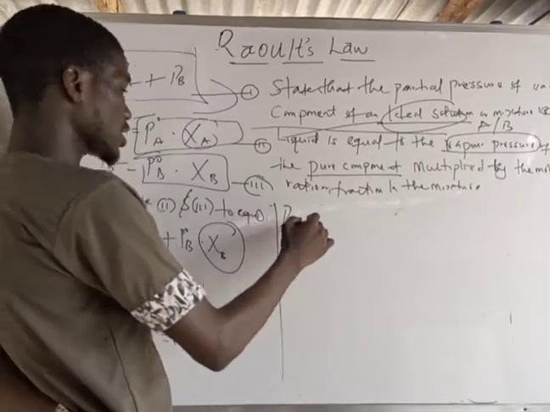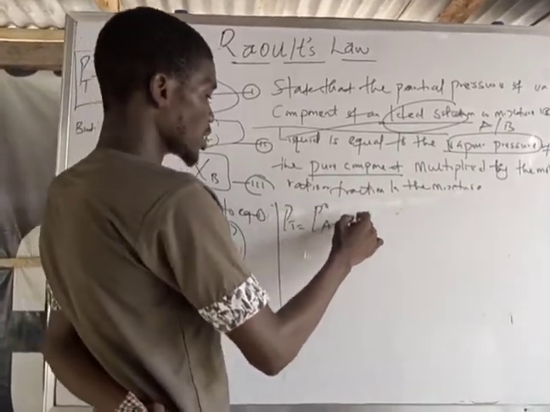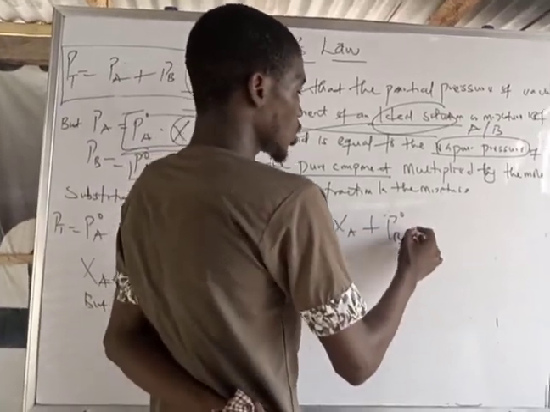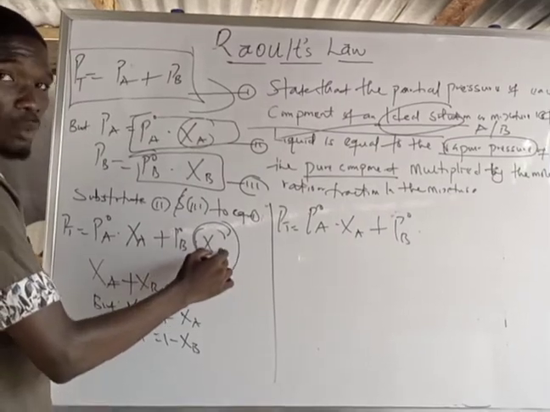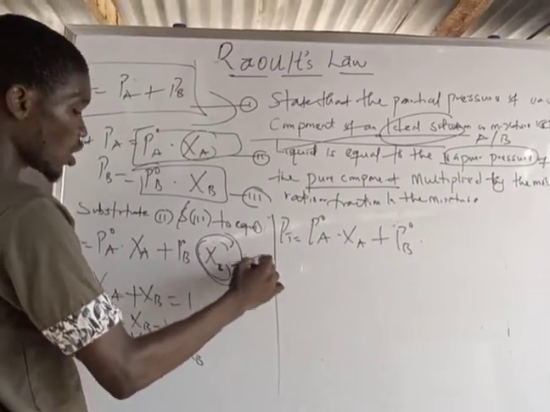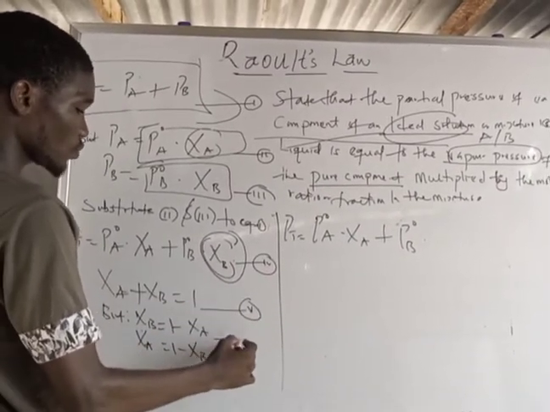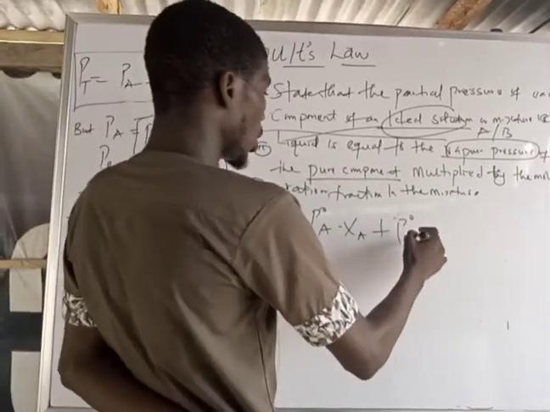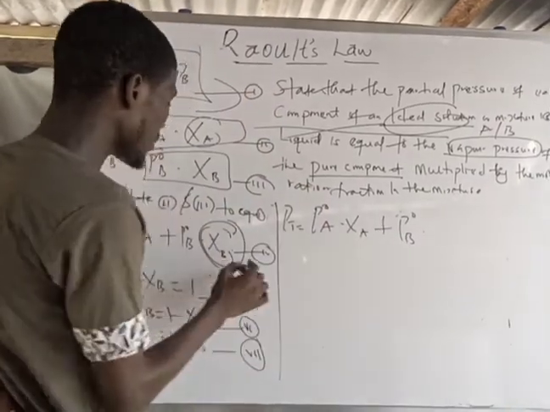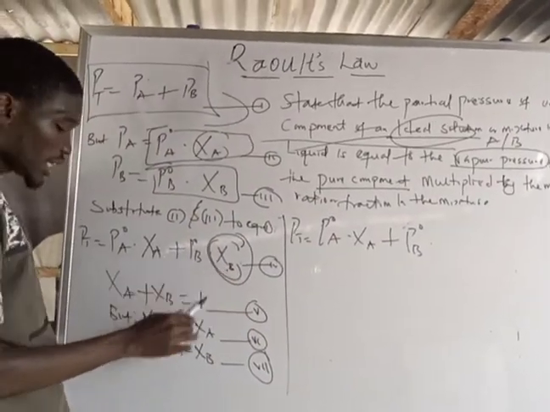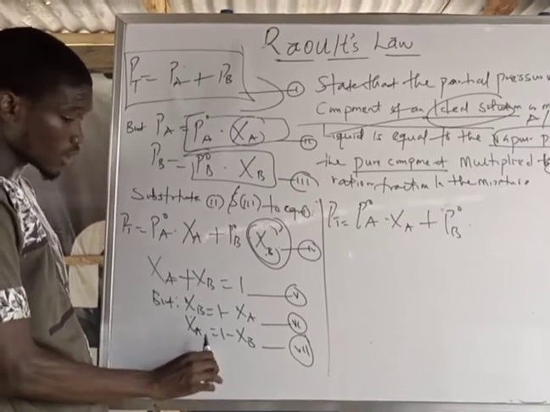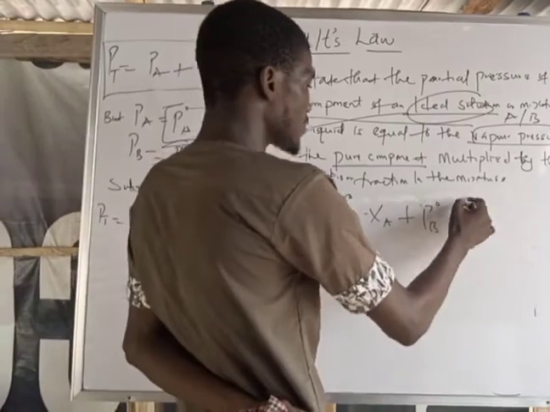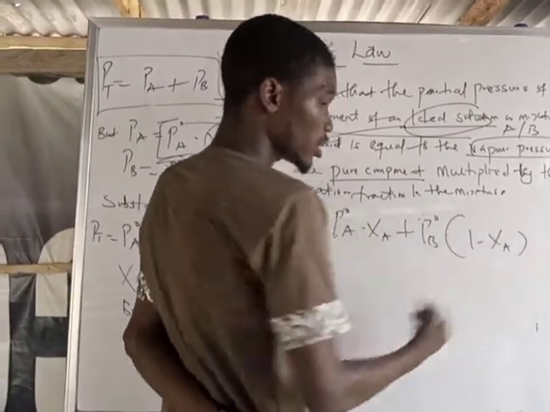We have that PT is equal to P naught A multiplied by this plus P naught B. So what is my XB? Because I am to replace this, this one is equation 4, 5, 6, 7. So my XB here, which is the mole fraction of B, is equivalent to 1 minus the mole fraction of A. So with that, you can say that I have 1 minus the mole fraction of A, we close the bracket.